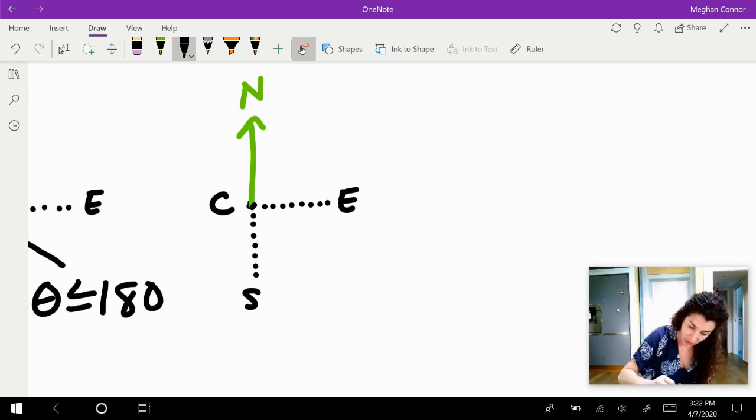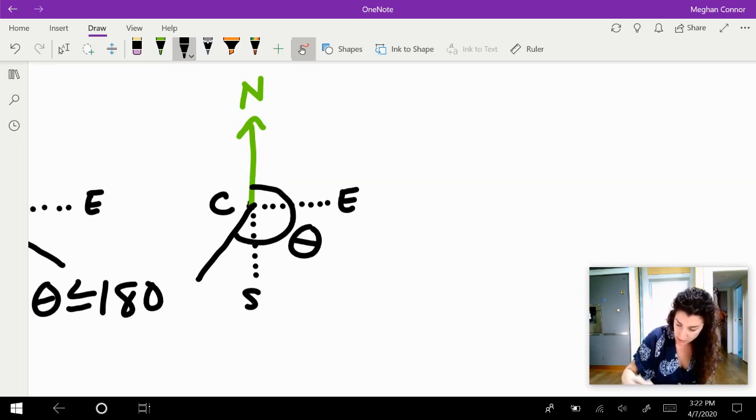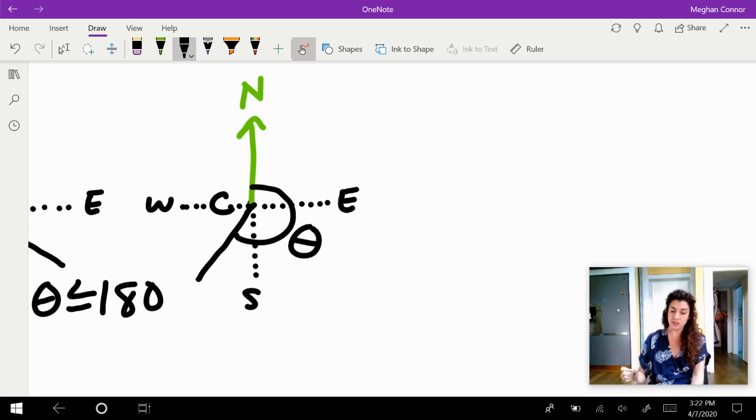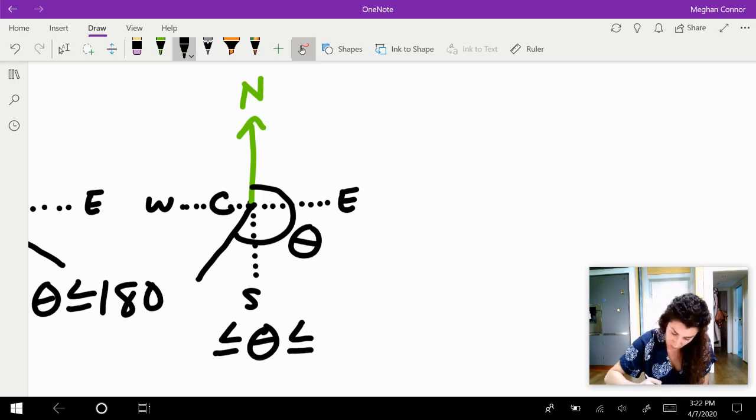So having an angle that comes out this way, we would have to be greater than 180 degrees. We would have to be between 180 and, if this guy is due west, that's 270. So this is an angle that lives between 180 and 270.